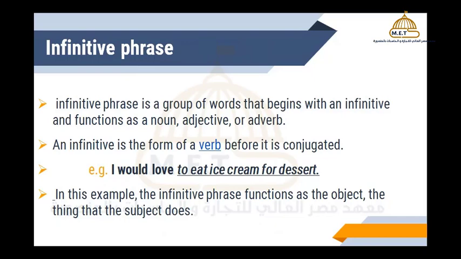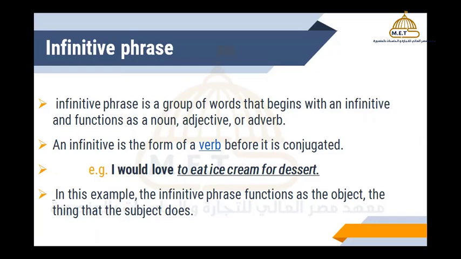The fourth type of phrases are the infinitive phrase. We got the participle, the prepositional, the gerund phrase, and then comes the turn to infinitive phrase. The infinitive phrase is a group of words that begins with an infinitive and functions as a noun, adjective, or adverb.